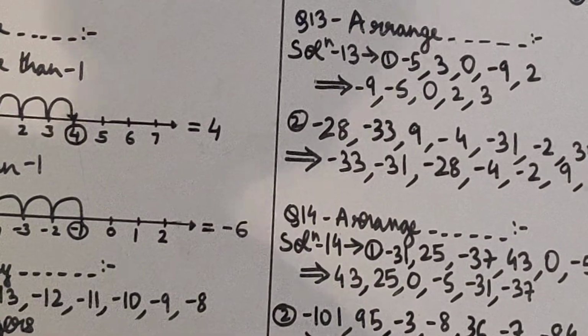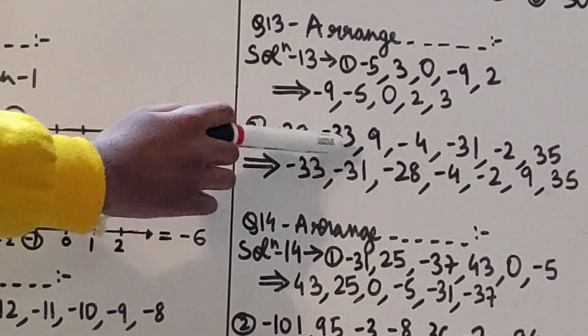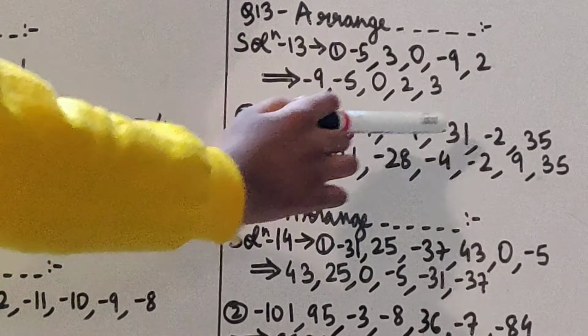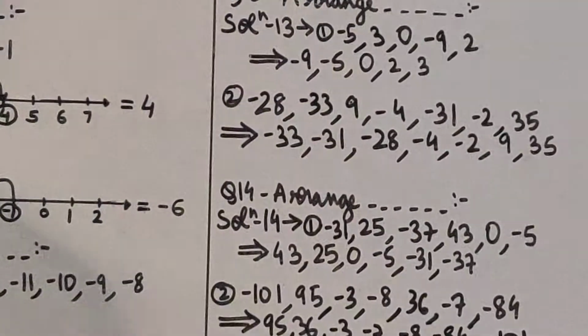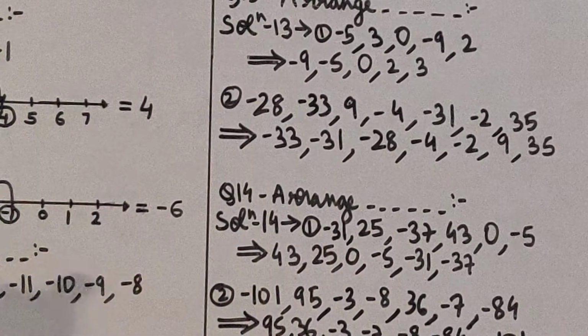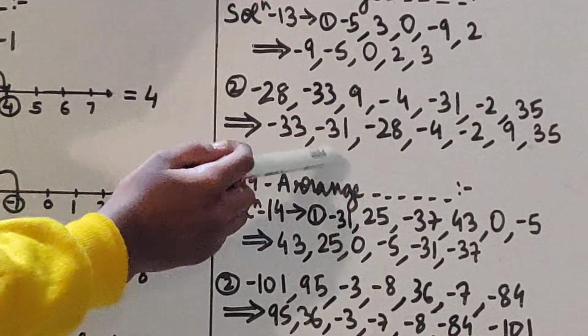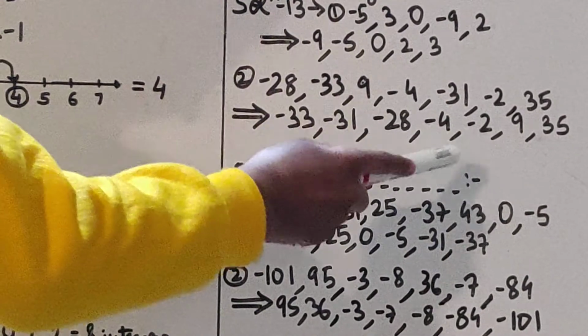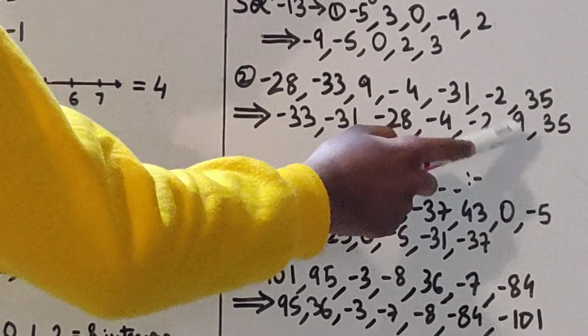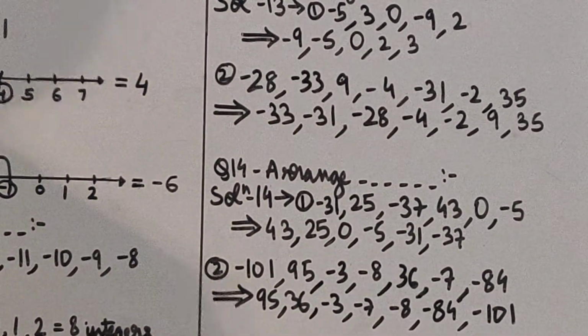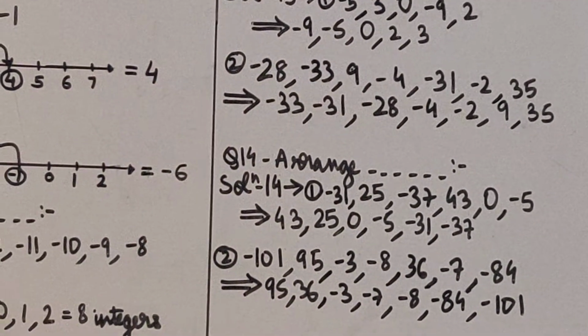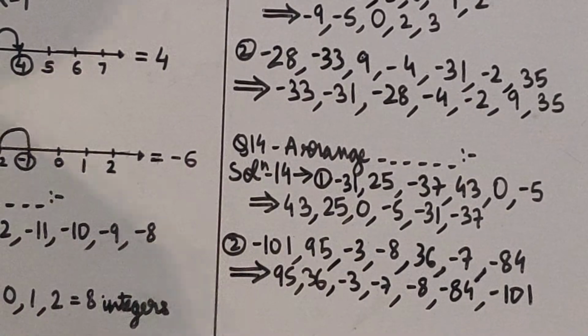Then the second one, minus 28, minus 33, 9, minus 4, minus 31, minus 2 and 35. So the ascending order will be minus 33, minus 31, minus 28, minus 4, minus 2, positive 9 and positive 35, means plus 35.